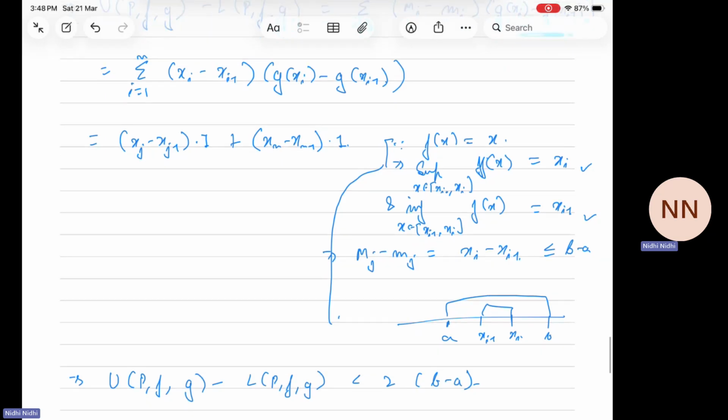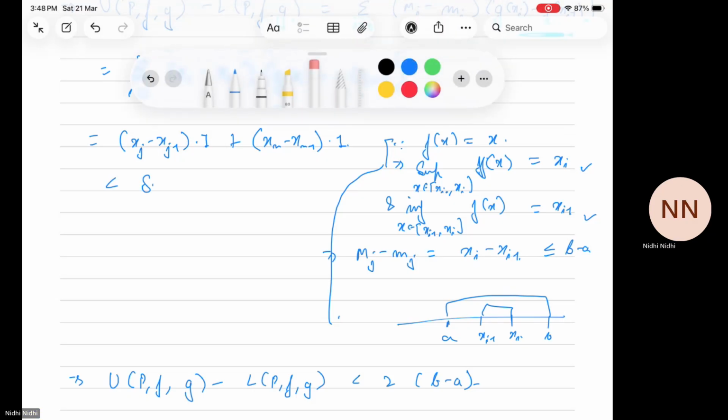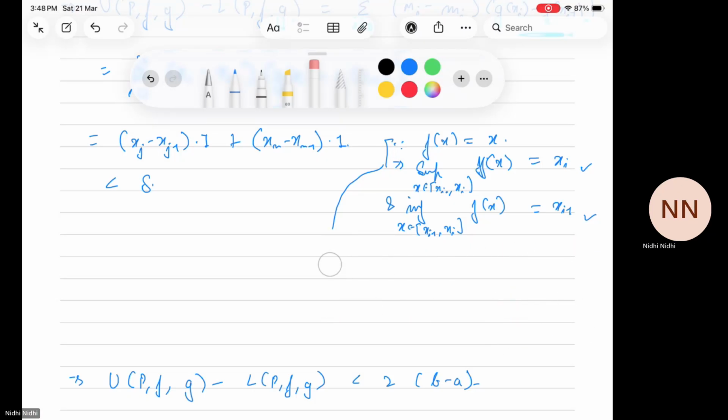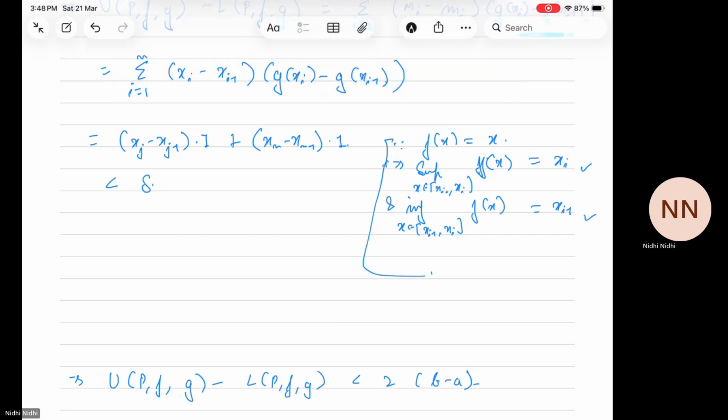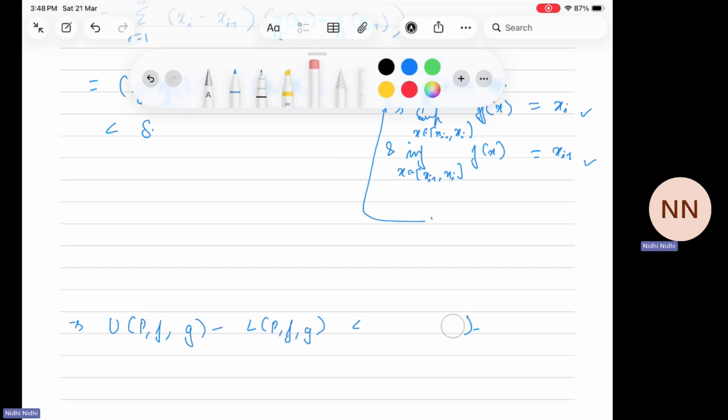Now, since the norm of the partition P is less than delta, this will be less than delta. Taking delta to be equal to epsilon, this will be less than epsilon.